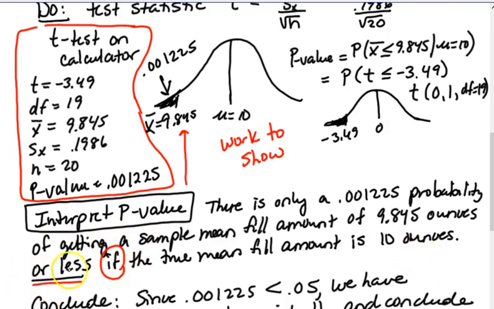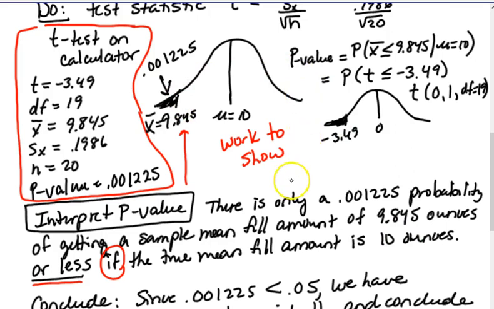And then you have to say either "or less" or "or more," or in the case of a two-sided test, if the sample mean fill amount of 9.845 is this far away from 10 or farther, if the sample mean is more extreme in either direction, so you'd have a two-tailed test.